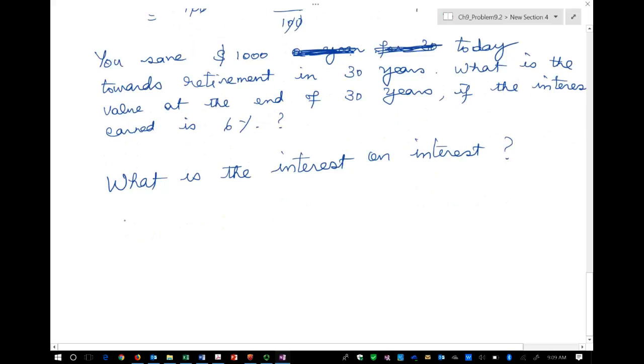So, it is the difference between them. Simple interest would be equal to 1000 multiplied by 6 divided by 100 multiplied by 30.